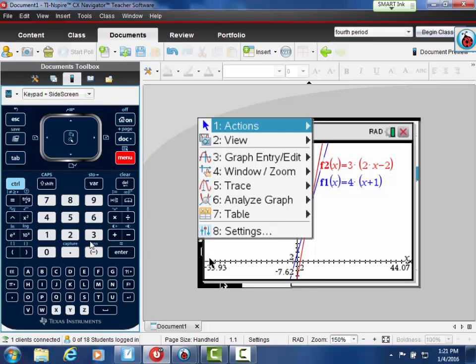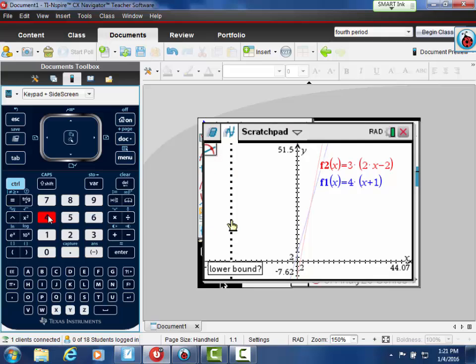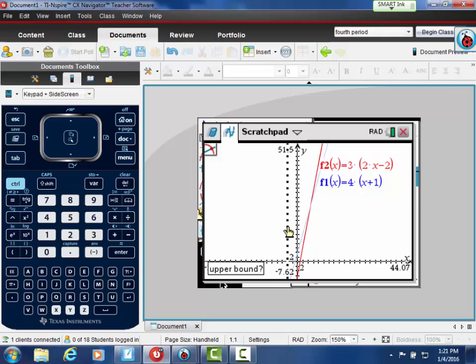So menu 6, 4 to get my intersection. Okay, my intersection went away, so I'm just going to kind of go for it. I'm going to set this one here. Oh, there's my blue line back. Okay, so make sure you set your boundary line to the left and to the right of your intersection, and it's telling us that the point would be 5, 24.